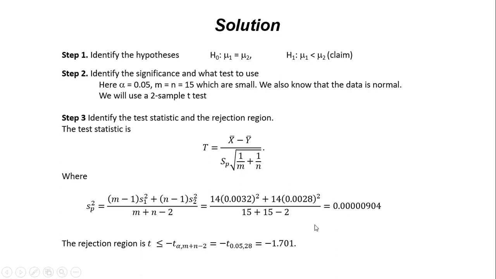Next, we want to identify the rejection region by looking up the critical value. Okay, so notice that it's a one-tail test and it is a left tail test. So we have to think in terms of the left side of our distribution curve. The degrees of freedom is going to be 15 plus 15 minus 2, so 28. Alpha is 0.05.